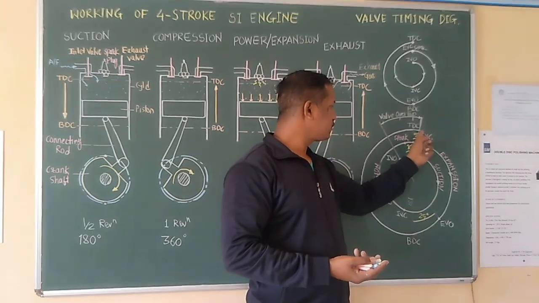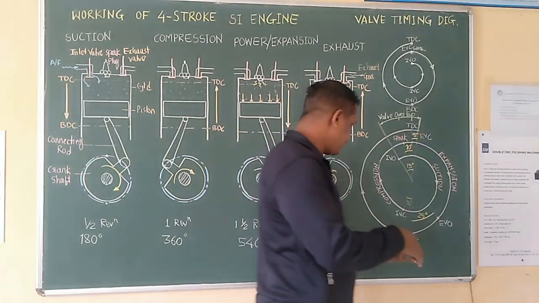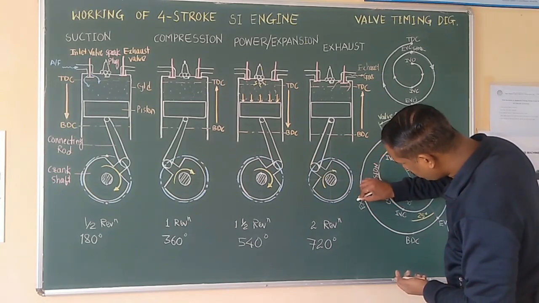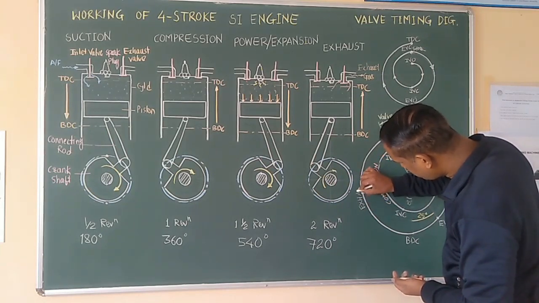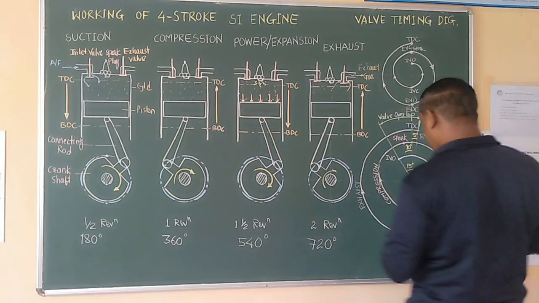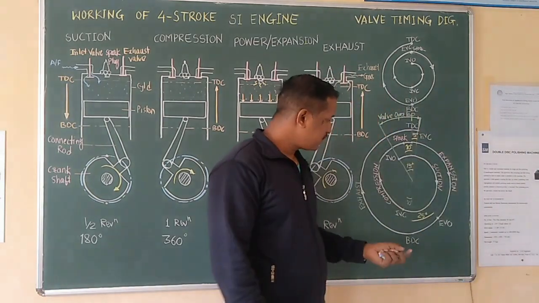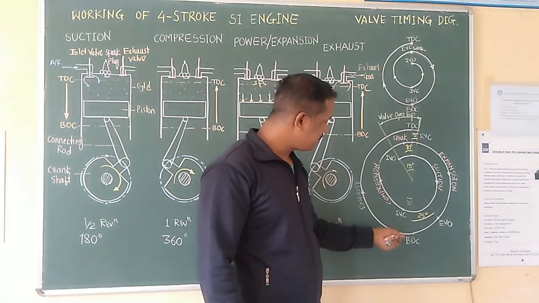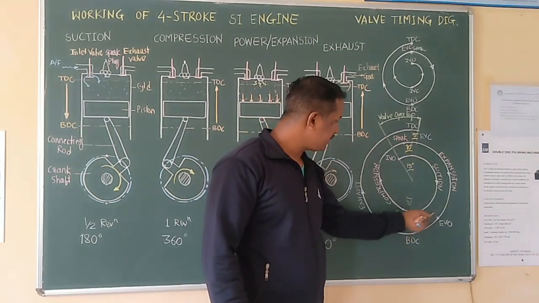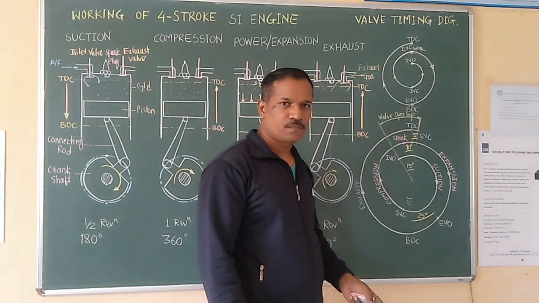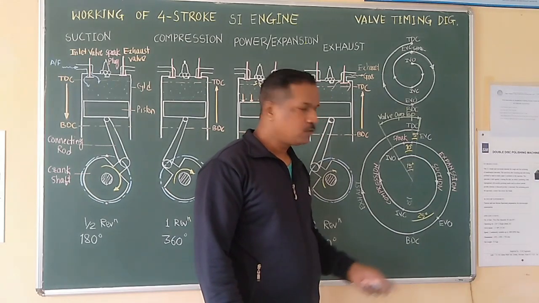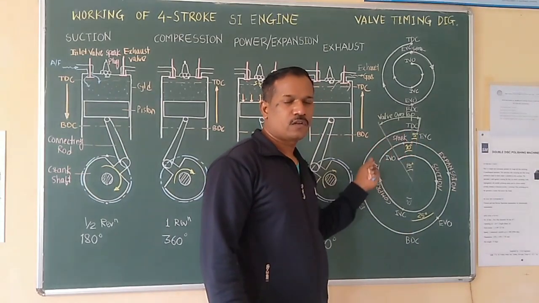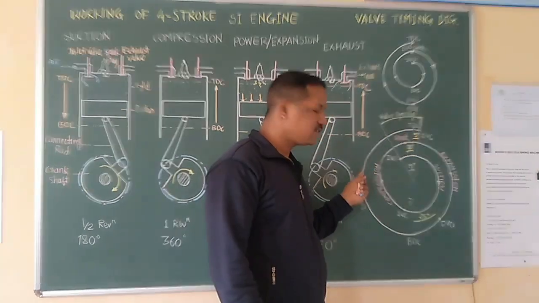So the exhaust stroke has ended. On the theoretical diagram it is 180, but here 180 plus 25 plus 5, so 210 degrees of crank rotation is the exhaust stroke.